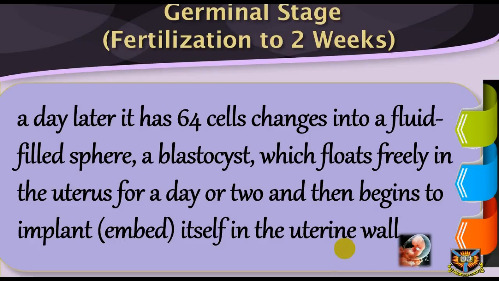The trophoblast, the outer cell layer of the blastocyst, which becomes part of the placenta, produces tiny thread-like structures that penetrate the lining of the uterine wall and enable the developing organism to cling there until it is fully implanted in the uterine lining.